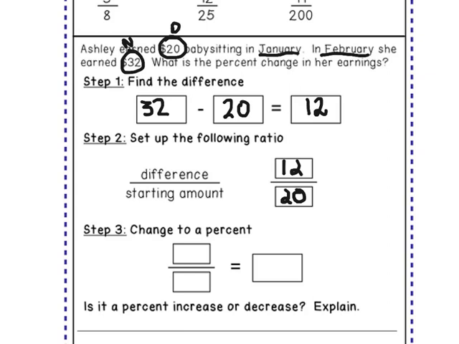Now, step 3 says change to a percent. I'm going to tell you there are two different ways we can do this. The first way is to just take 12 over 20. If you take your calculator, you're going to divide 12 by 20.